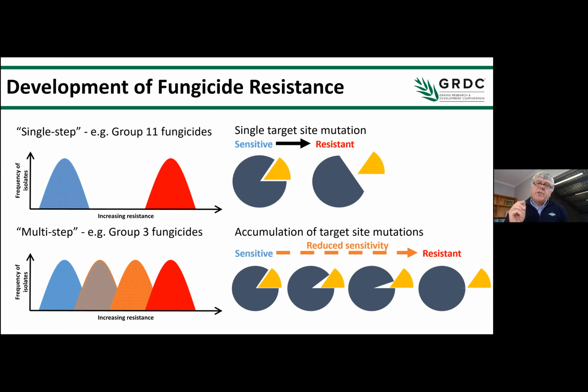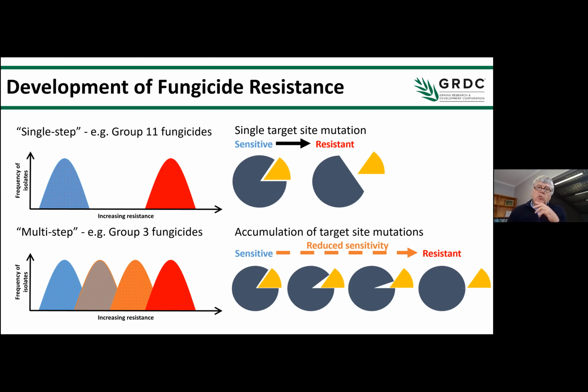And it's important to recognize there that sometimes you may get a drift back from resistant individuals towards being sensitive if the mutation doesn't have as good survival characteristics in the population. However, with the mutation that affects strobilurin in Europe and New Zealand in Septoria tritici, there is no shifting back. Strobilurins just don't work any longer.